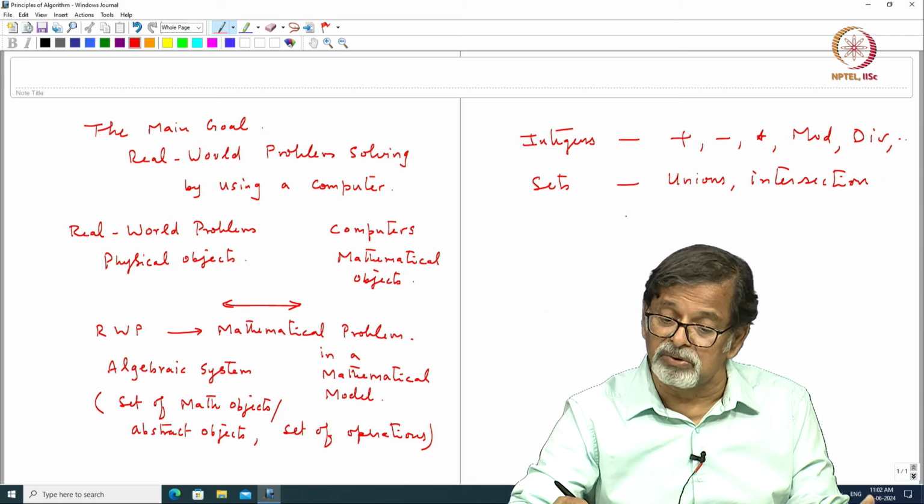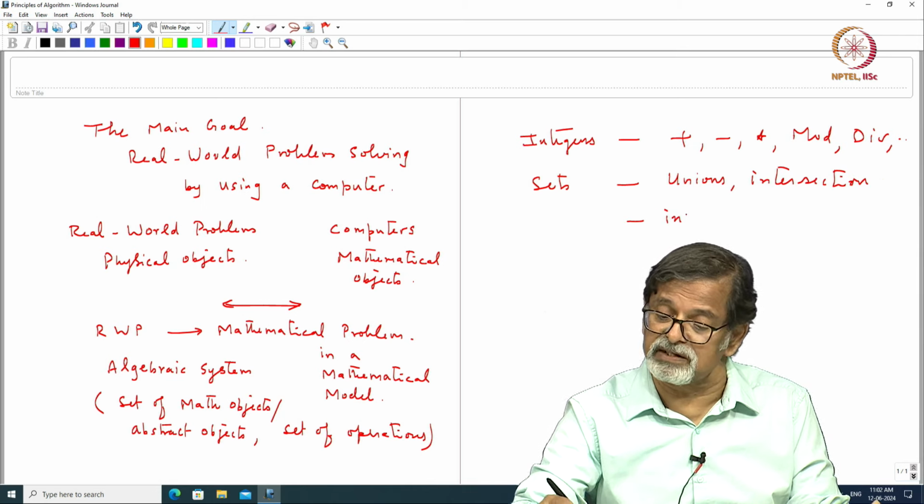We may also do on sets insert an element, delete an element, search for an element in a set, and so on. So, set is a mathematical object and we are defining a collection of operations on them, and that defines an algebraic system.